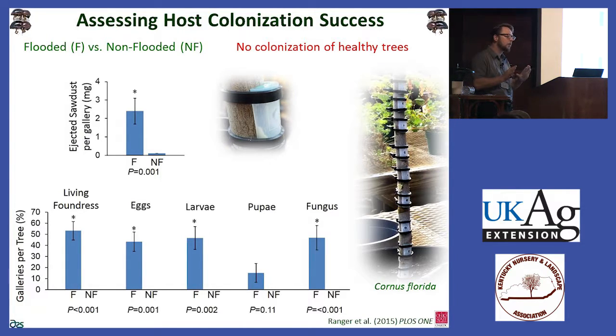So the take-home message here is that these insects are very poor colonizers of healthy trees. But if it's a weakened tree, especially one that's associated with ethanol, then their colonization success increases dramatically.